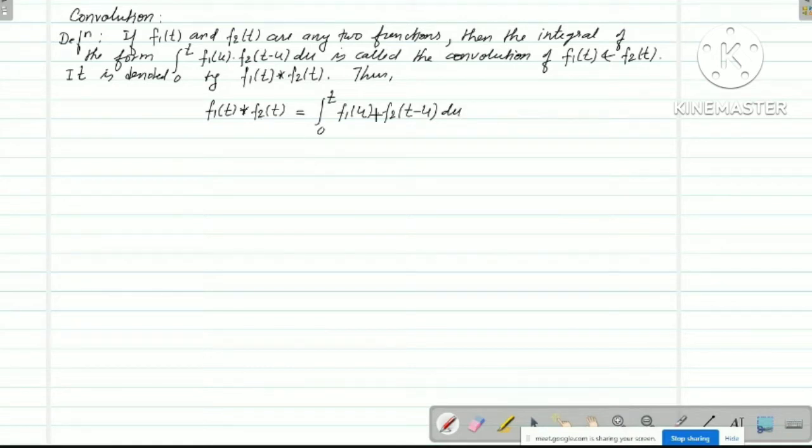So this is your convolution of two functions f1 and f2. This is the simple definition of the convolution of functions f1 and f2. So what is the convolution theorem? We state the convolution theorem.